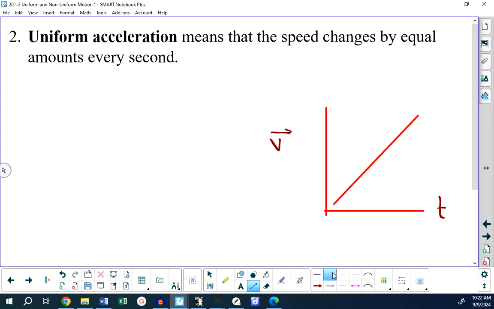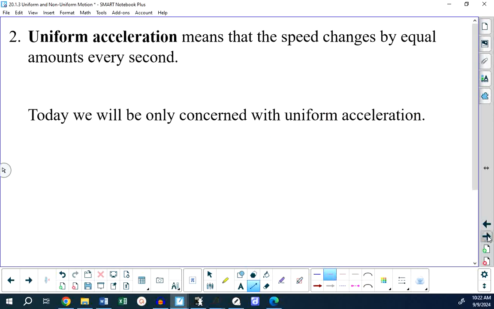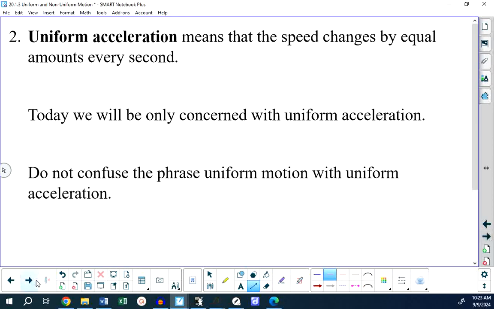Okay? So it's important that you look at the labels of the graph. Today we're only going to be concerned with uniform acceleration. Okay, so today we're not concerned with the direction of acceleration, and we're not concerned with non-uniform acceleration, where the object speeds up and then slows down and speeds up and slows down. We're interested in uniform acceleration.